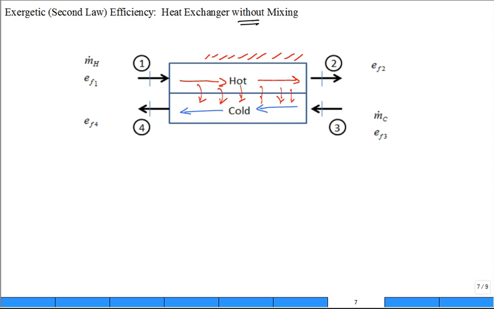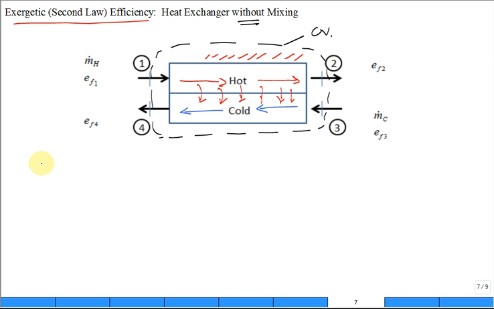So we want to identify a second law efficiency for this heat exchanger. First of all, do a control volume and do an exergy balance. We have steady state. There's no Q dot, so I'm going to put a 0 there. There's no shaft work, so I'm going to put a 0 there to visualize. No Q dot with the surroundings, no W dot with the surroundings.